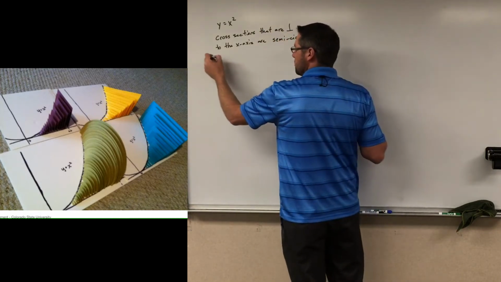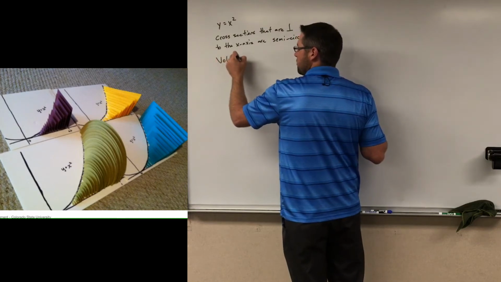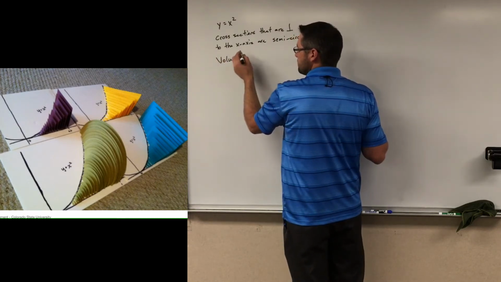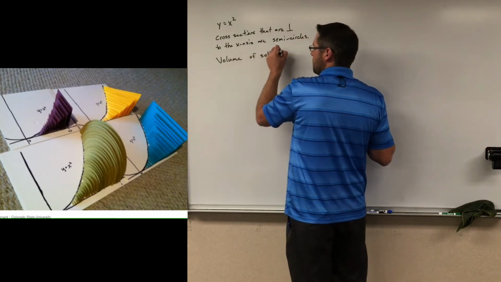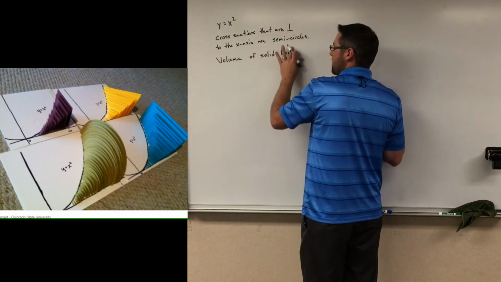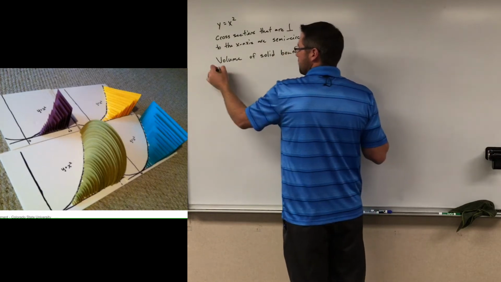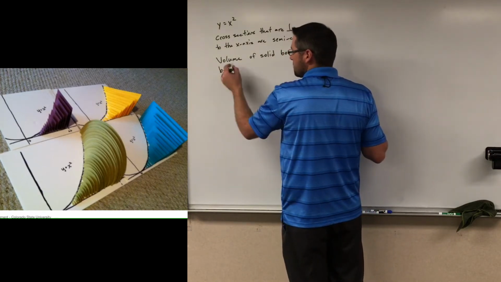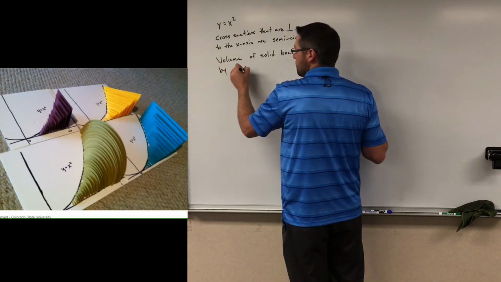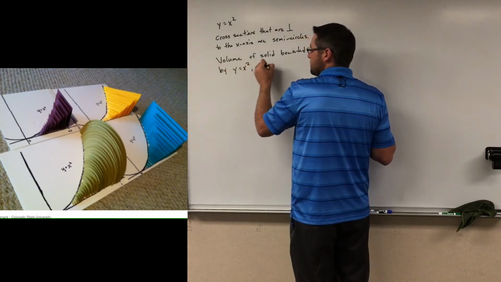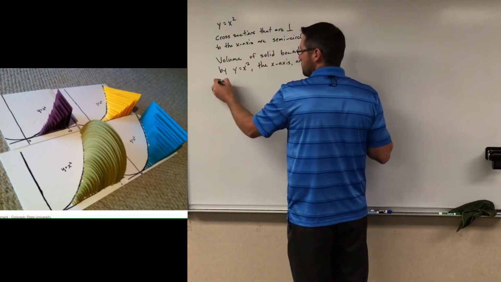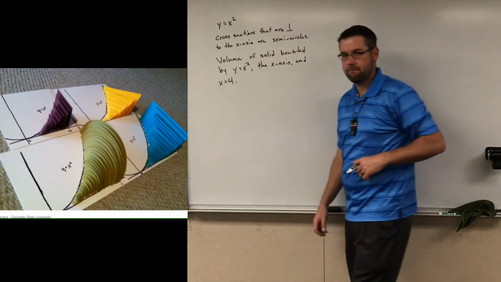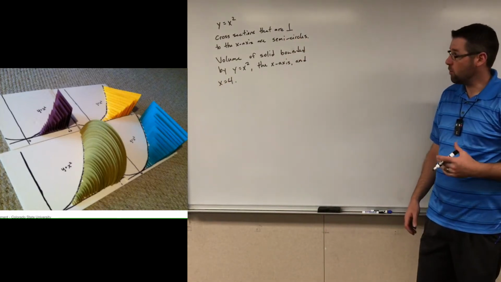I want to know the volume of the region, I guess, of the solid. Bounded. What would this say? Bounded by what? Well, by y equals x squared, the x-axis, and let's say x equals 4. Okay? Well, we'll walk through this, make sure you're good.